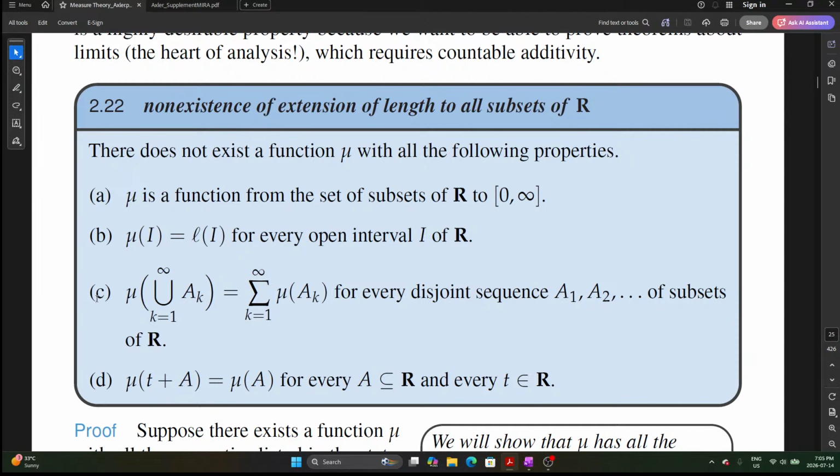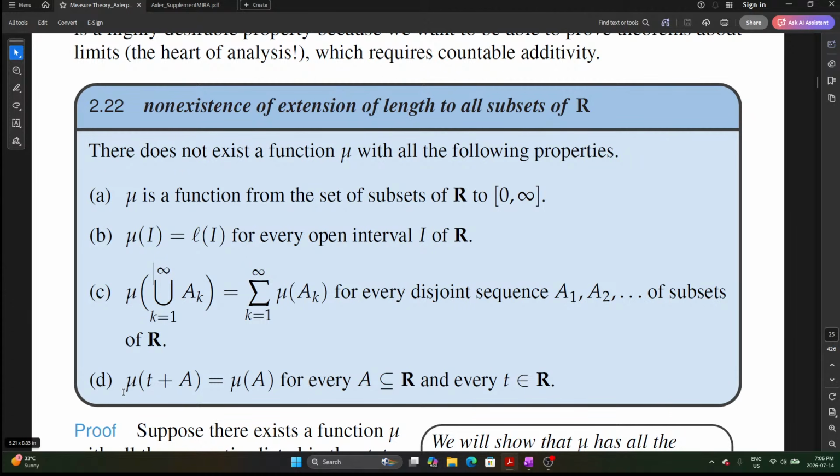Now C is the countable additivity. This is extremely important because later on we will see in the Lebesgue theory of integration, this is where a lot of the nice things happen, when you can interchange the limits and integrals. So C is absolutely crucial. We want C to hold.